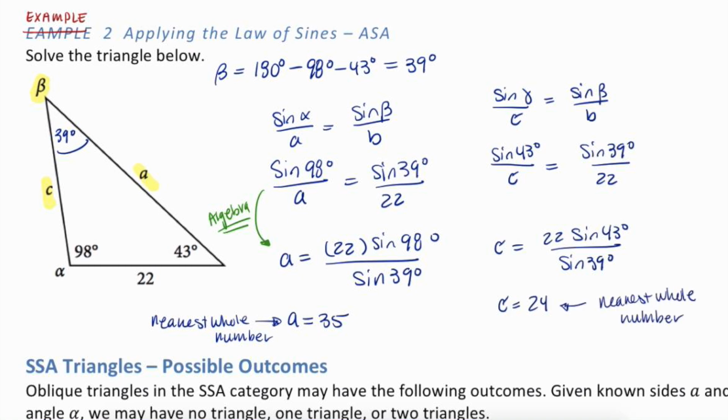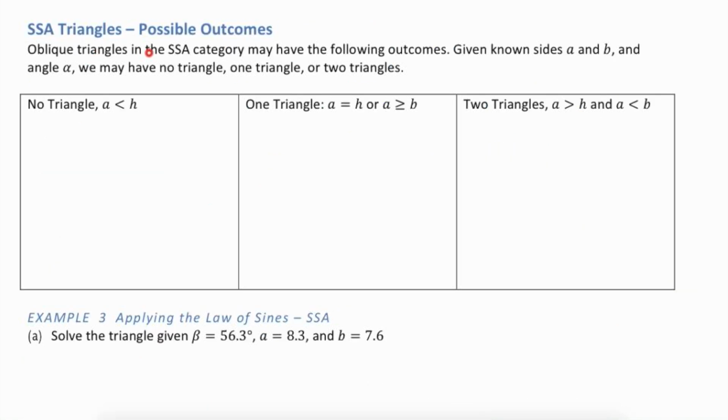Next, let's discuss SSA, that is the ambiguous case and possible outcomes. Oblique triangles in this category may have the following outcomes: no triangle, one triangle, or two triangles. Given known sides A and B and angle alpha, we may have no triangle, one triangle, or two triangles.